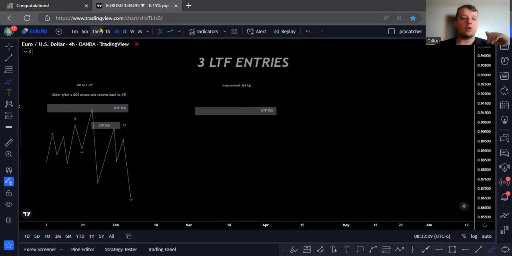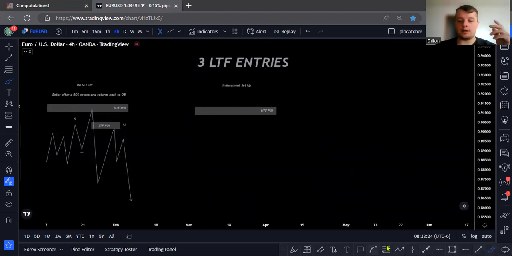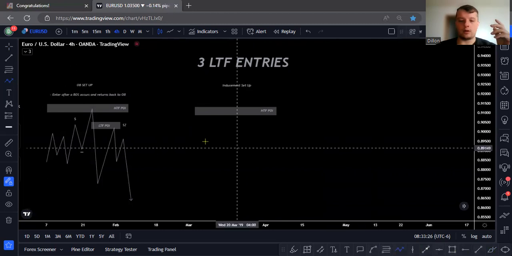Or say your higher time frame is the 1 hour and you're on the 5 minute, or there's a 15-minute order block and now you're on the 1 minute, and this is what price is doing.